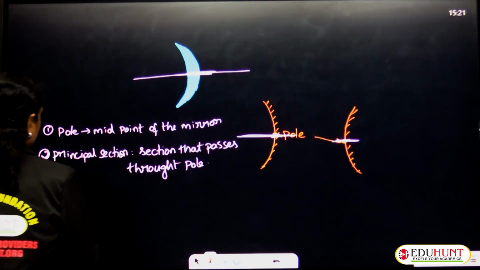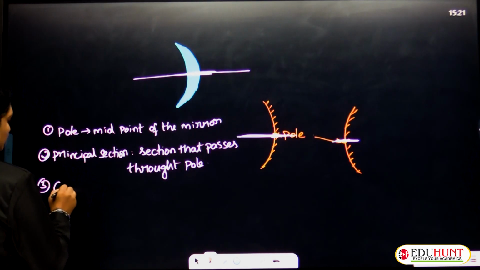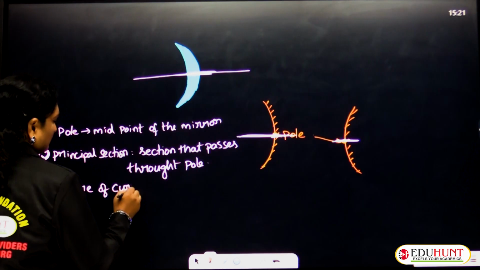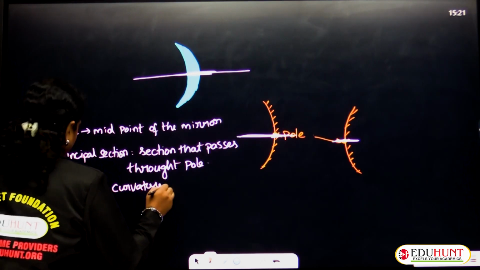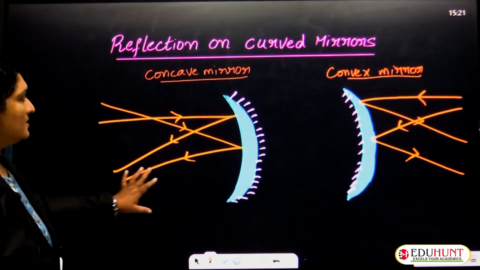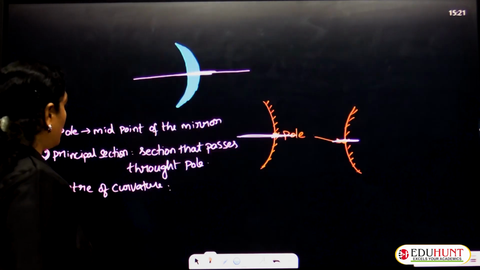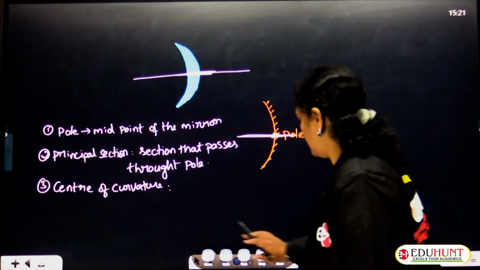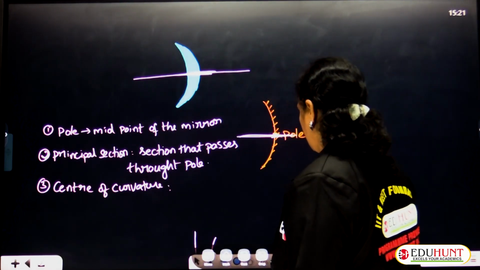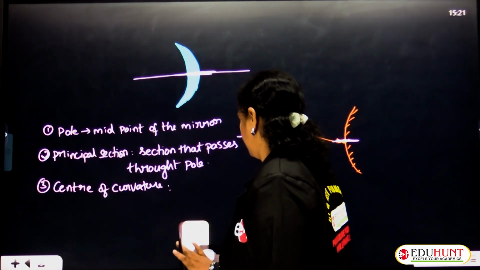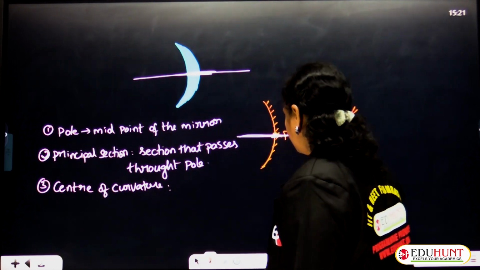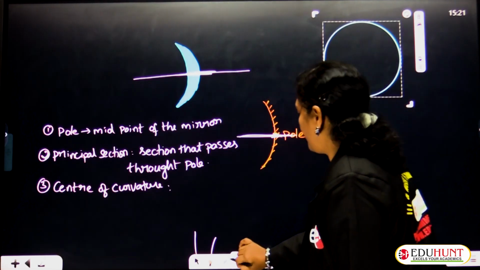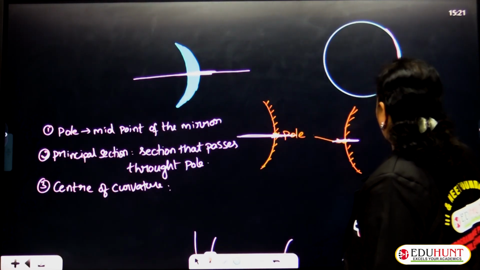Next is all about the center of curvature. Earlier we said that this mirror is a portion of a big sphere. Out of this complete sphere, a portion has been cut.